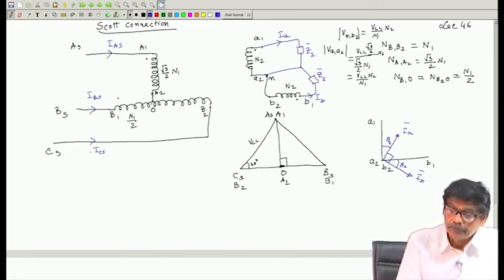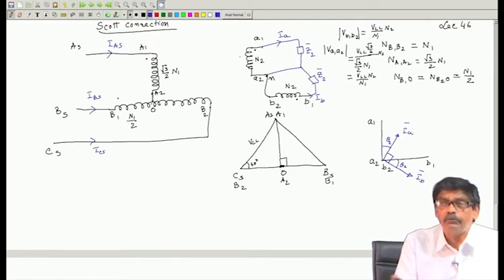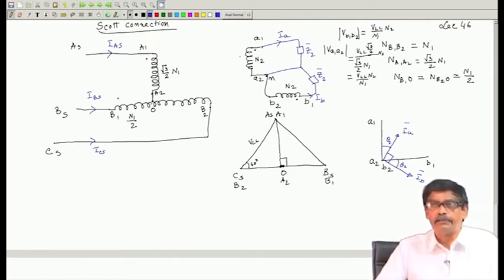To do this, you have to balance the MMF, follow the rules of an ideal transformer.